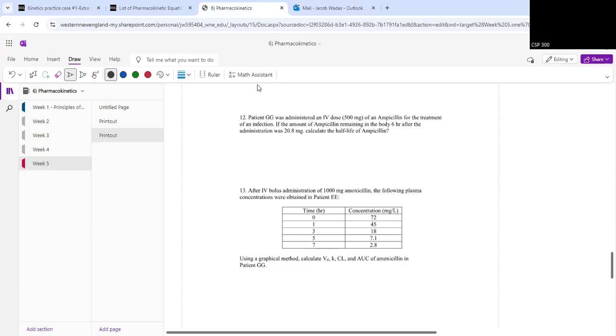They gave us the initial dose, the final amount, and the time. Since it's an IV dose, it's 100% available. We don't have K, we have to look for K, and with K we can find the half-life.